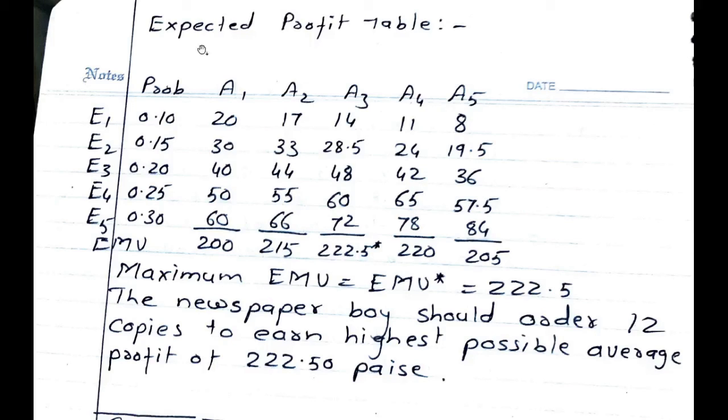Now we will find the expected profit table. E1, E2, E3, E4, E5. The respective probabilities are 0.10, 0.15, 0.20, 0.25 and 0.30. So for A1, we'll find the calculations.